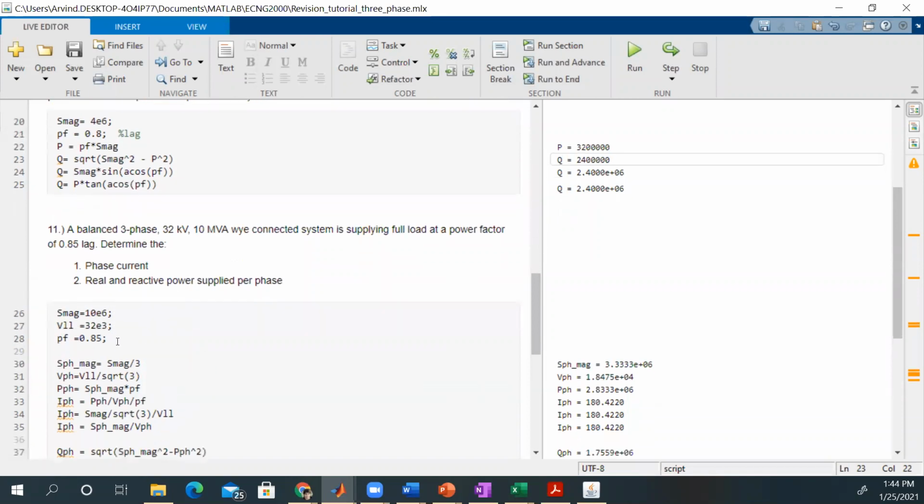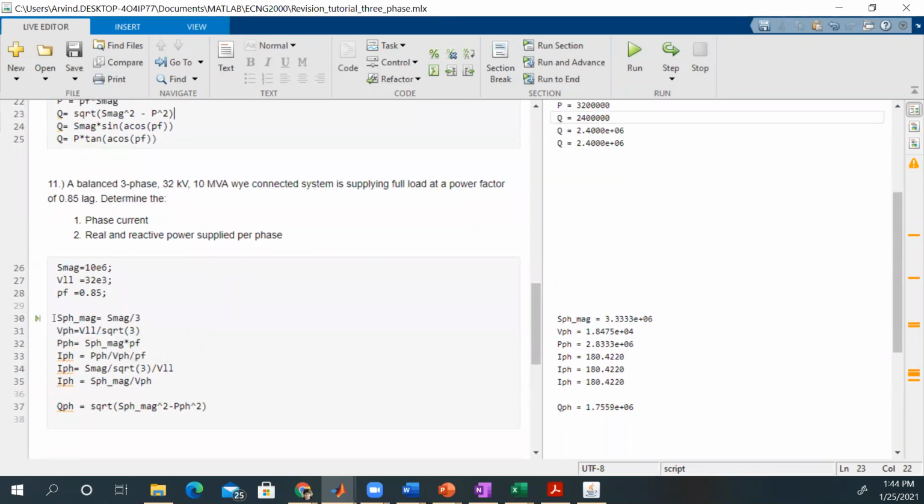There are a number of ways we could go ahead and do it. So, and you'll see them down here. So first I found the S per phase, which is just 1/3 of the total S, right? Because it is a balanced system. So each phase will be equal in magnitude. So just simply divide by 3, get the per phase. Then I want the voltage per phase.